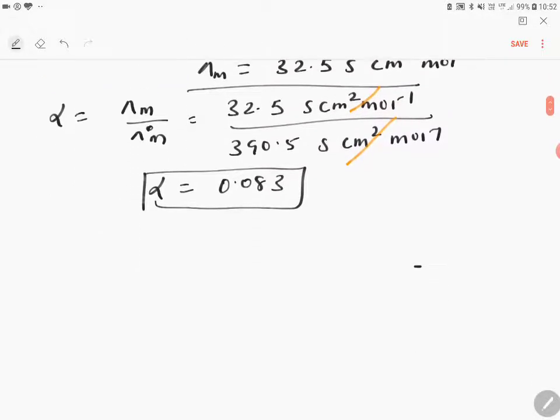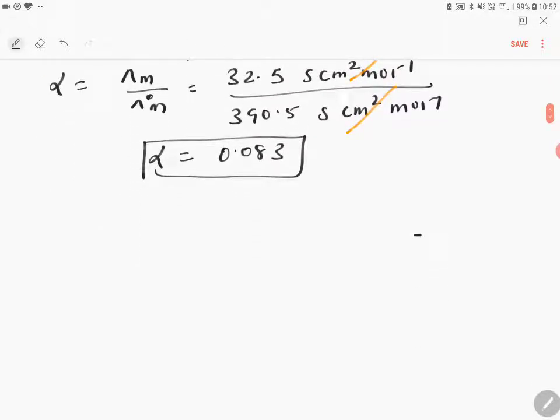Next step is for acetic acid. Acetic acid is a weak acid.